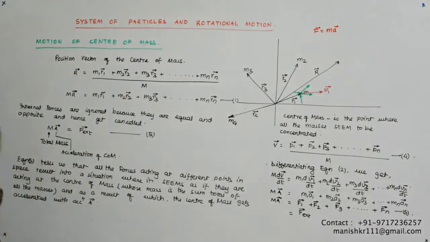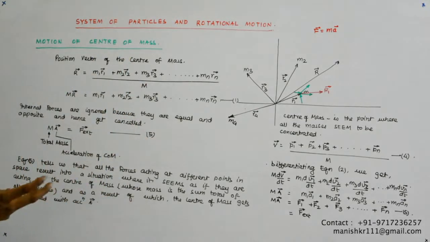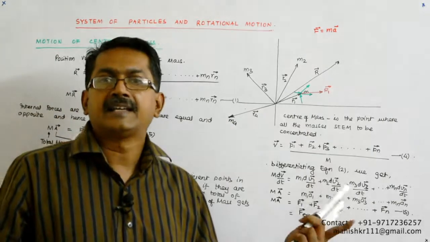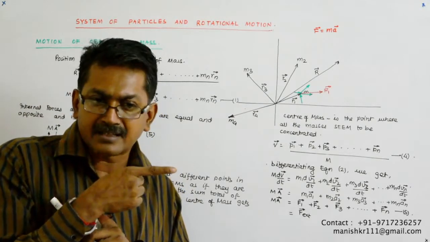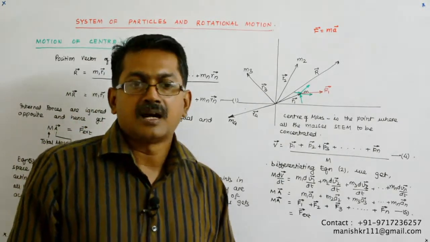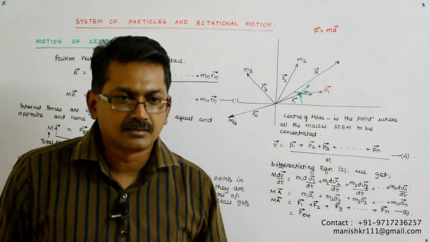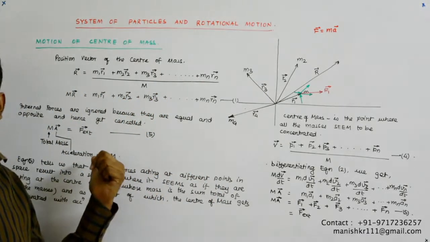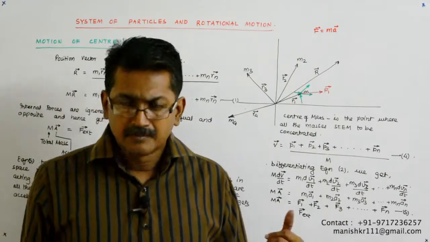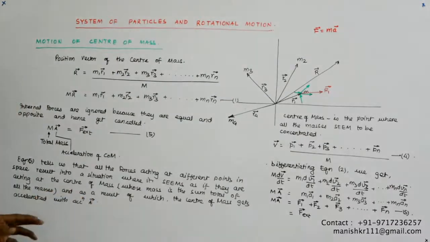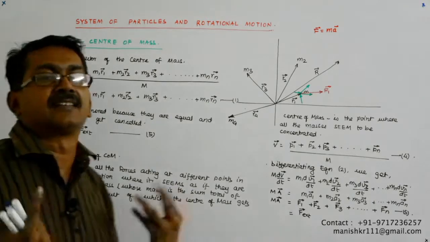So it seems as if the resultant of the forces that were acting at different points, that one resultant force is acting at the center of the mass, and the center of the mass seems to be holding all the masses. Though physically obviously the masses are distributed, they are not at that point, but it seems as if they are all at that point, and as a result of this force, the center of mass is accelerating as a point.